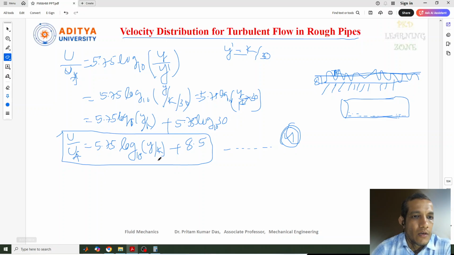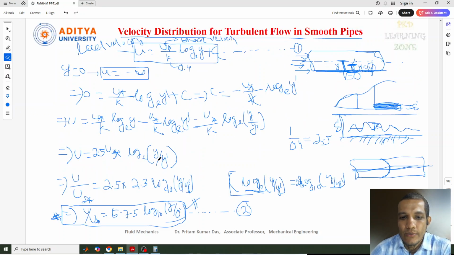I hope you understand this. It's very simple actually, but before deriving or understanding this, I have previously discussed the velocity distribution for the turbulent flow and some derivations also, so you can see that video to understand from where this equation is taken.